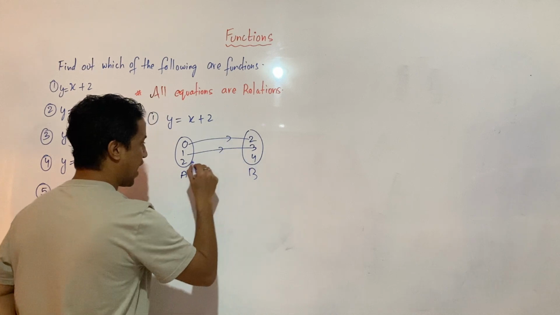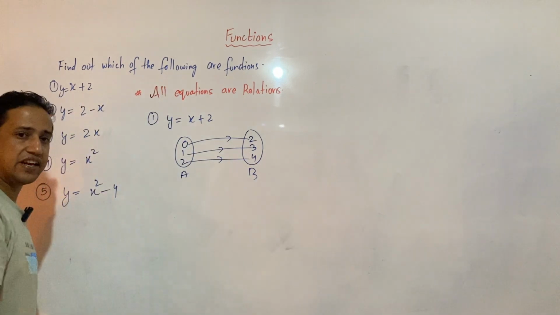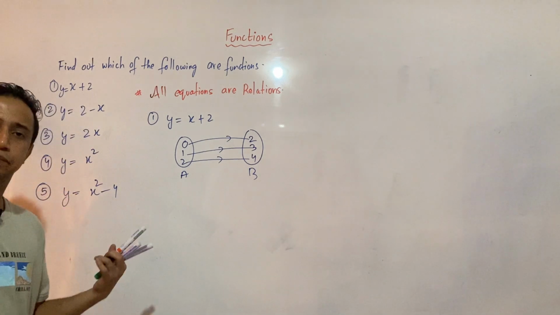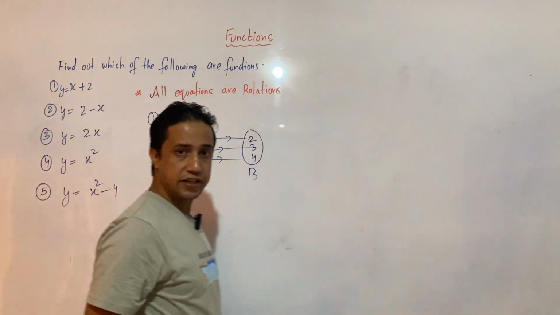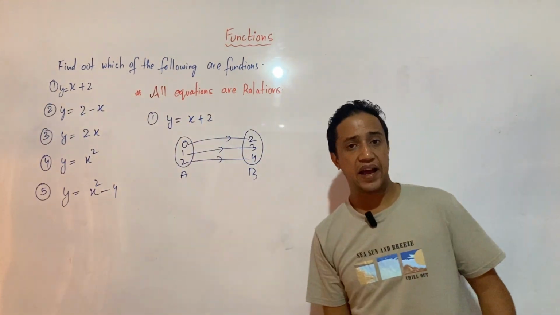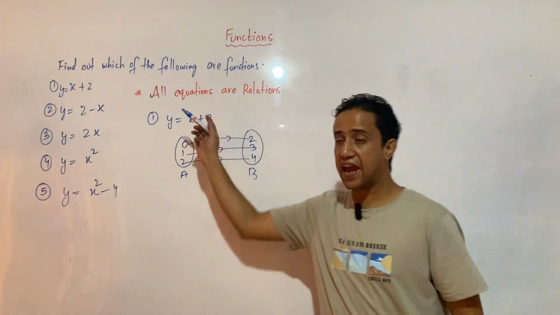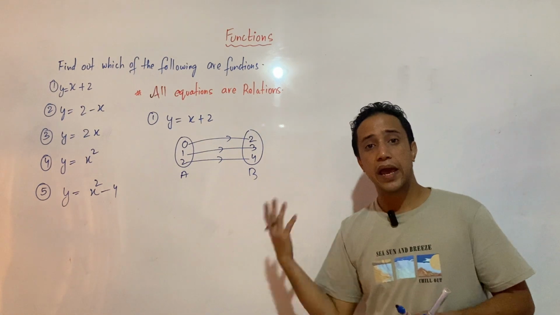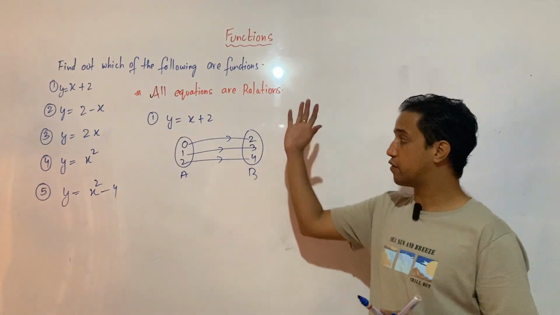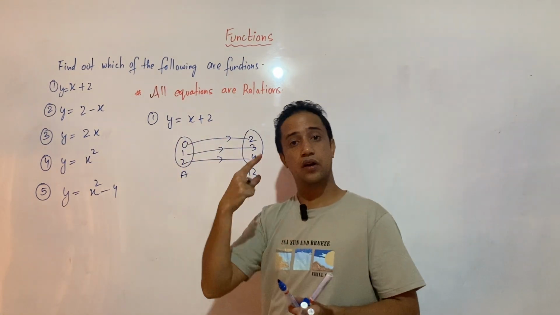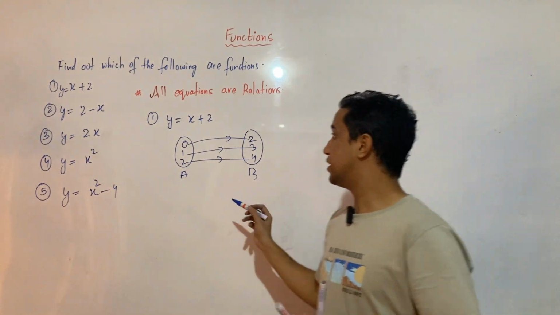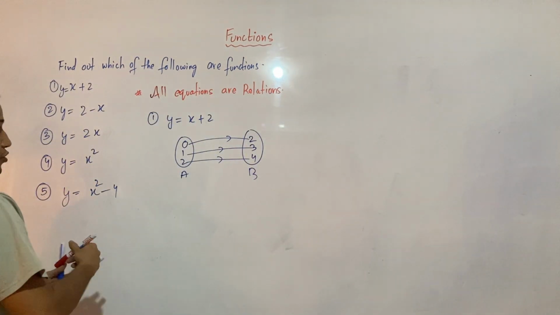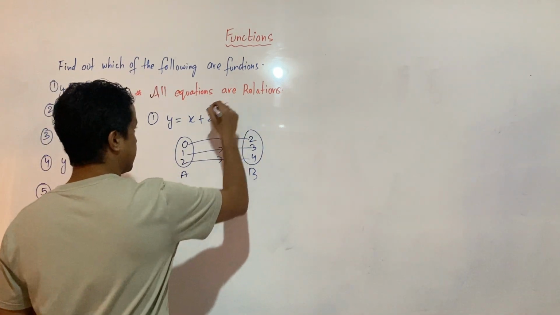You can give any input here, any real number, because x is a variable, so it can take any real value, and it will give you a real value. So for each input you will get one output. So that's why this is a function. I hope you understand it.